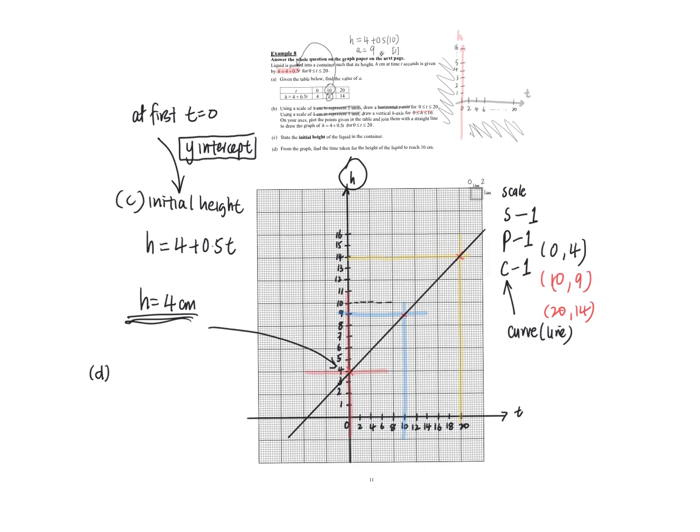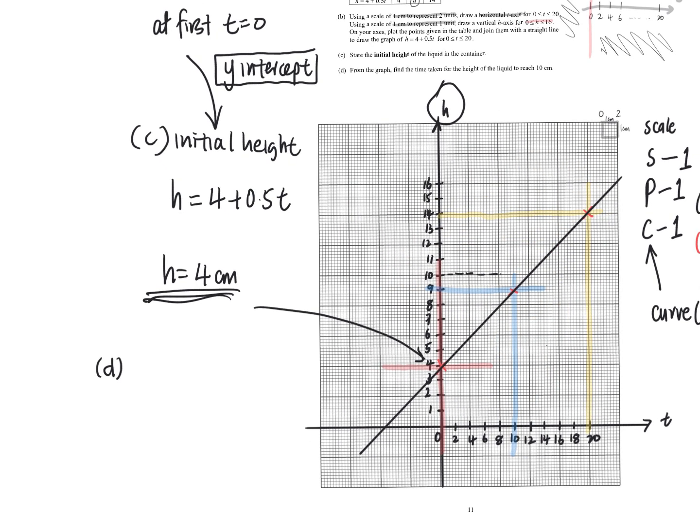So go and zoom into your graph and check at 10 cm, what is the time that this can happen. You will realize that it happens at t equals 12 seconds. So at 12 seconds, the height of the container reaches 10 cm. That's how you read from the graph.